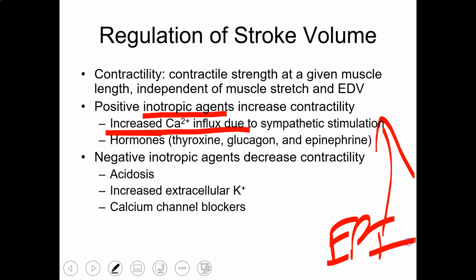Epinephrine, norepinephrine. Anything that acts like epinephrine or norepinephrine. Anything that acts like the sympathetic nervous system. Anything that's a sympathetic mimic.